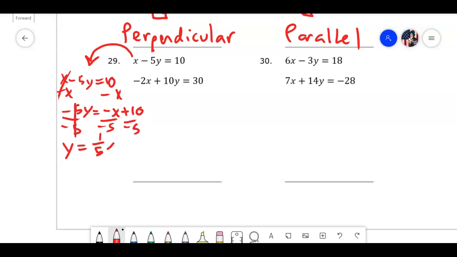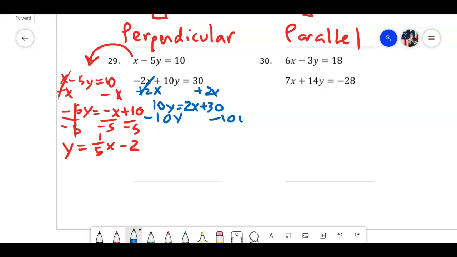Get 1/5 x minus 2. And then for this one, sorry.